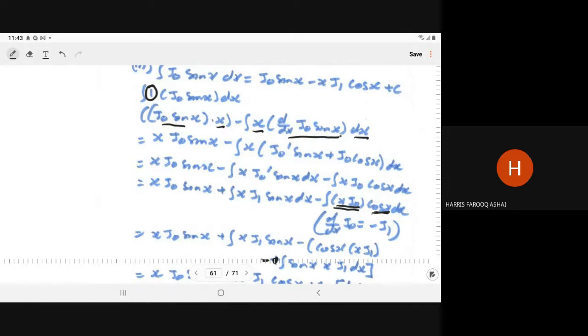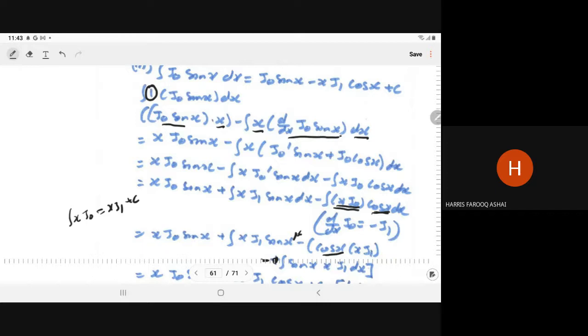So this will give you x J0 sin x plus the integral of x J1 sin x dx, minus, with cos x as it is, the integral of x J0. The integral of x J0 we have already derived is equal to x J1 plus c. So it will give you x J1 minus the integral of the derivative of cos x, which is minus sin x, and x J1.